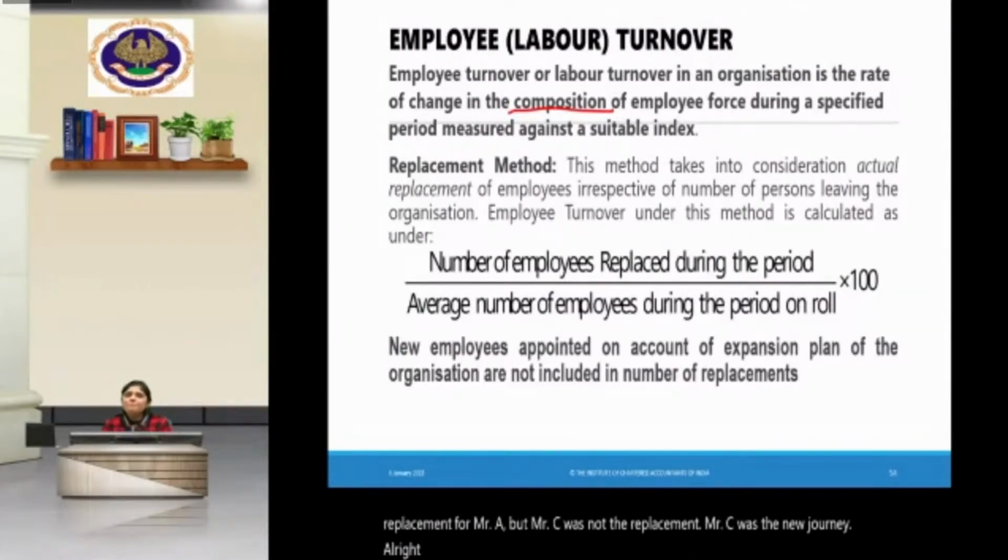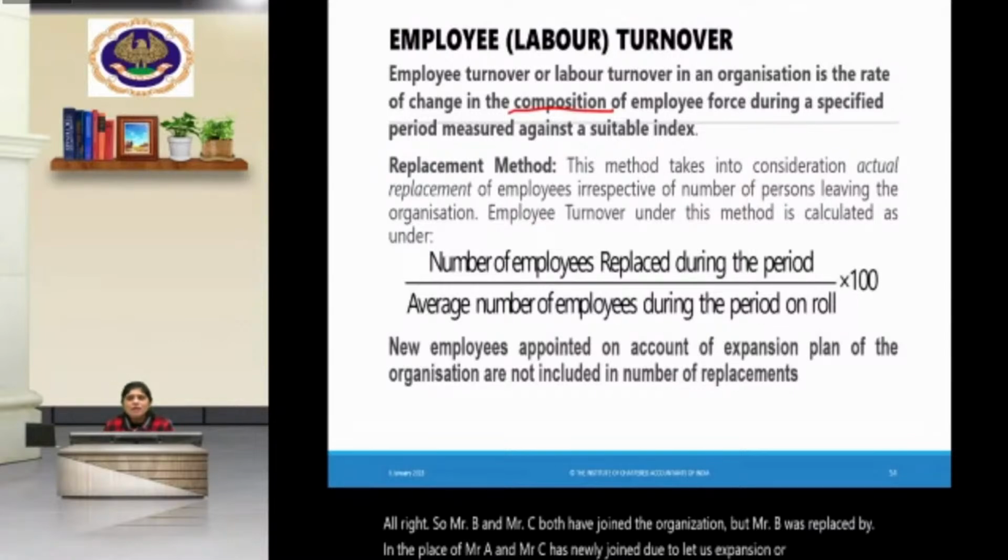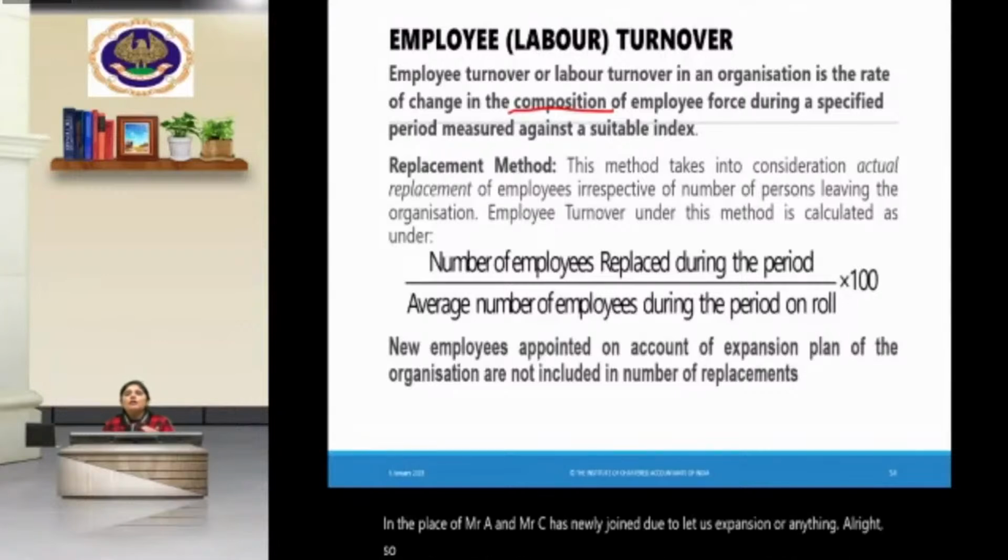So Mr. B and Mr. C both have joined the organization, but Mr. B was in the place of Mr. A, and Mr. C has newly joined due to, let us say, expansion or anything. All right. So replacement means a vacancy was filled by a new employee, not a new post was filled.